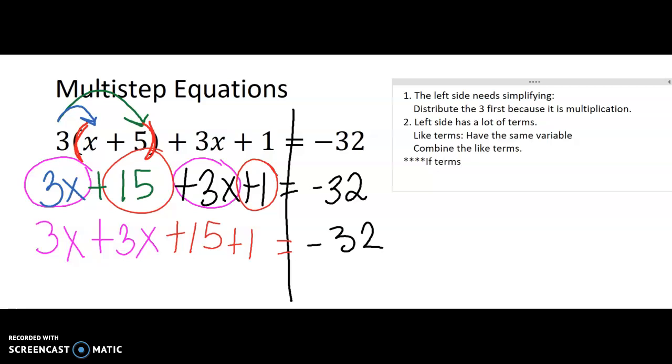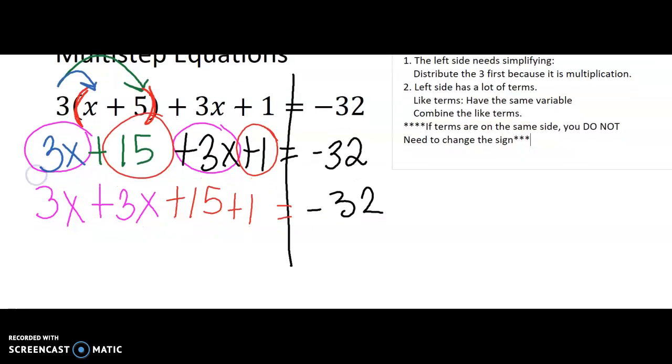If terms are on the same side, you do not need to change the sign. Because a lot of students try to change the sign when they combine them, but they're already on the same side, so I don't need to make that negative 3x. I do not need to make that because it's already on the same side.